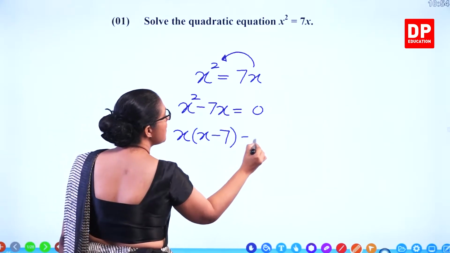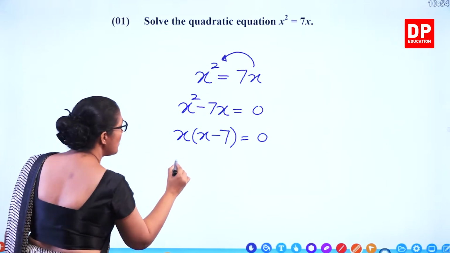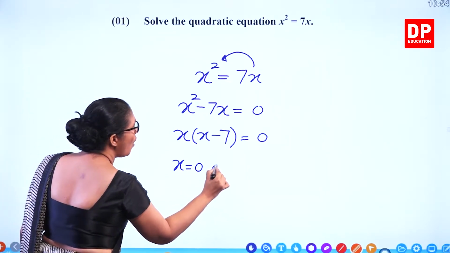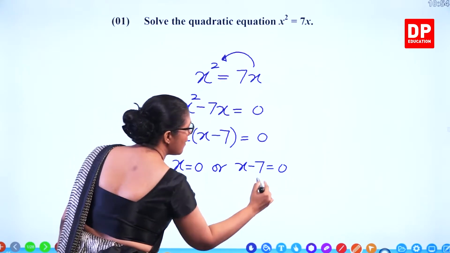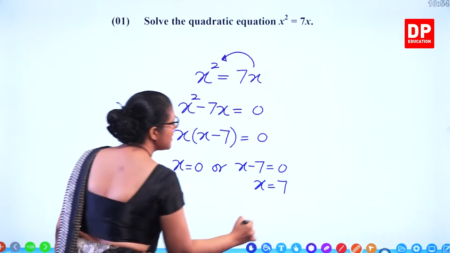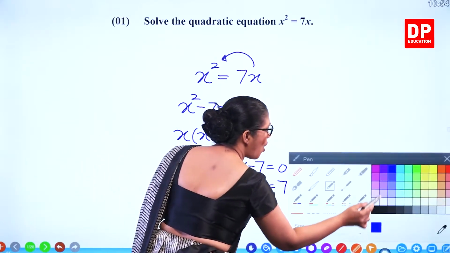So x times x minus 7, and the product is 0, which means either x equals 0 or x minus 7 equals 0. So you can write down x equals 7. So two solutions, either 0 or 7.